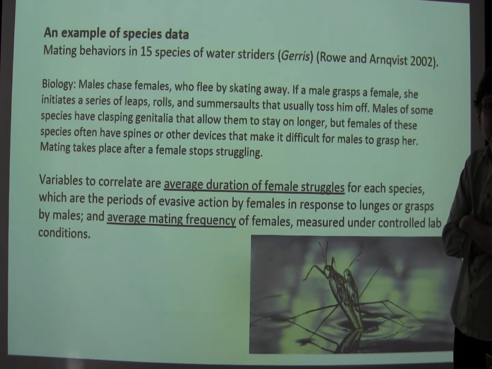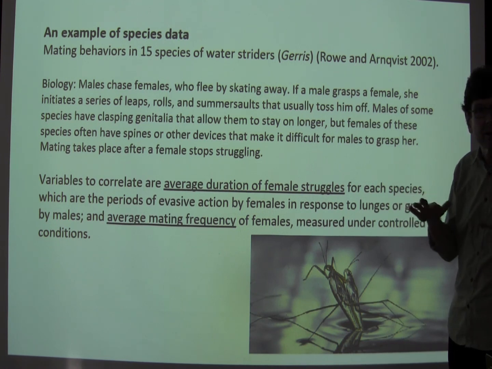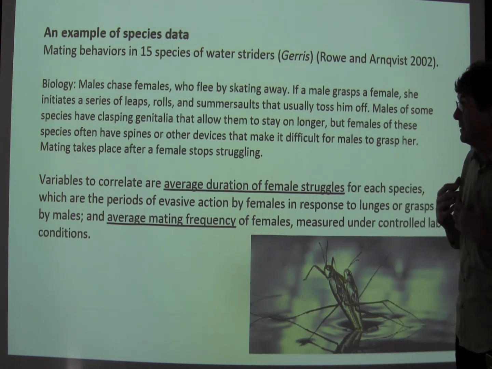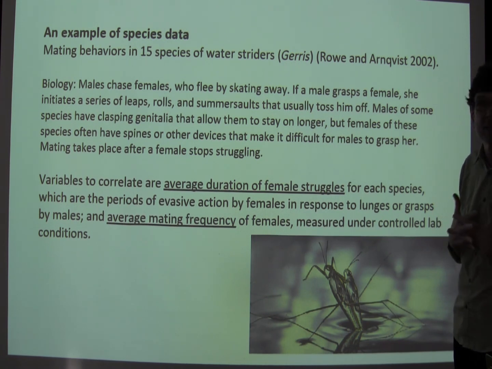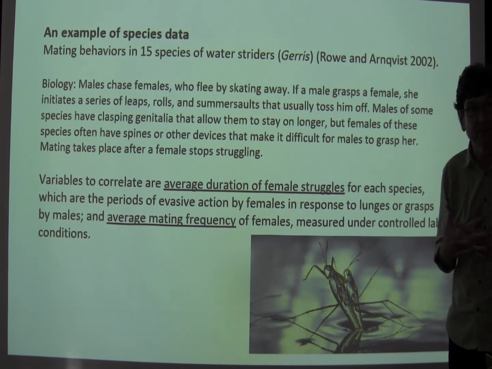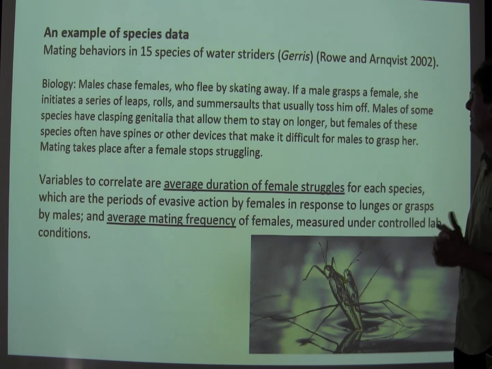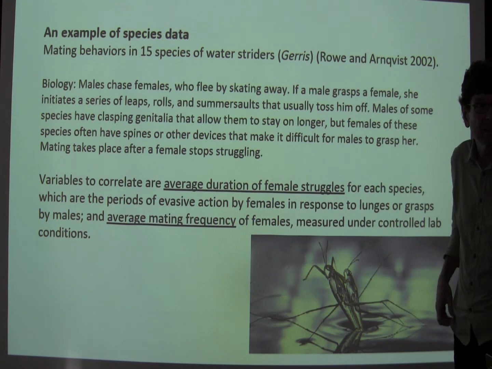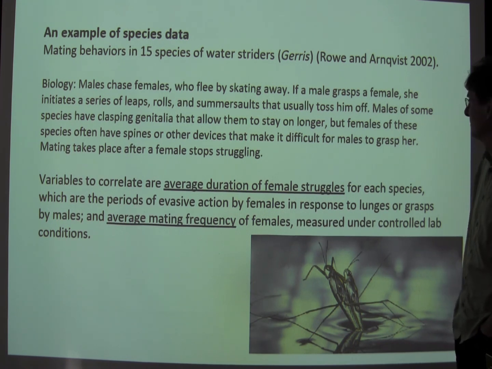So, you know what water striders are? You've seen them in sort of still water. They skate around. Males spend a great deal of their time chasing females, who spend a great deal of their time fleeing males. And then if a male does grasp a female, she initiates a series of leaps and rolls and somersaults that can frequently toss him off.